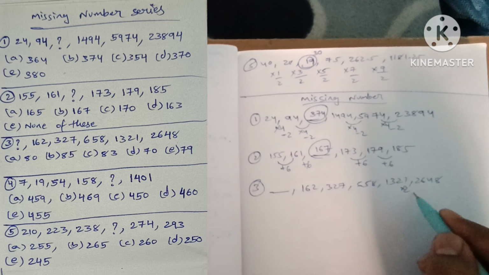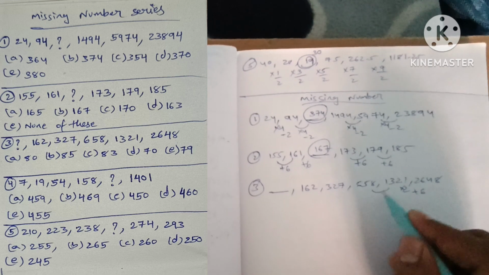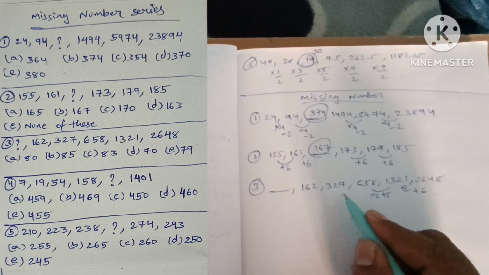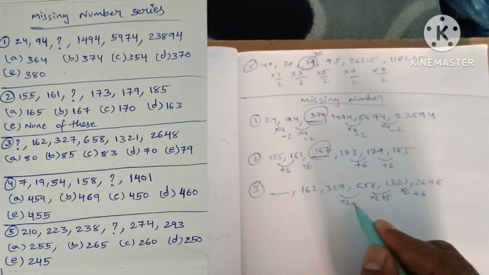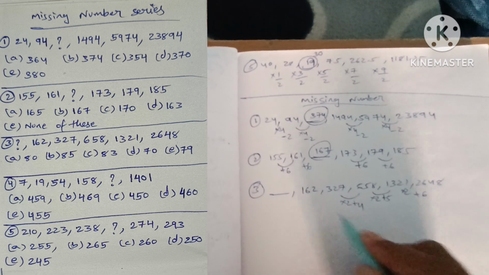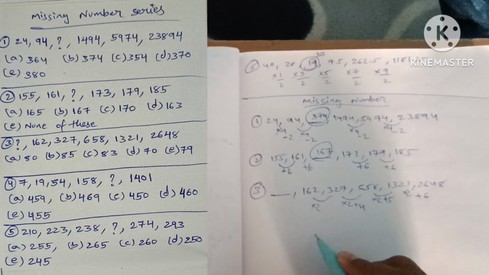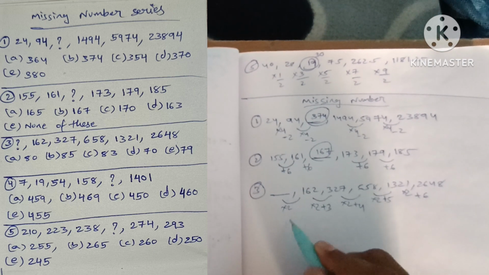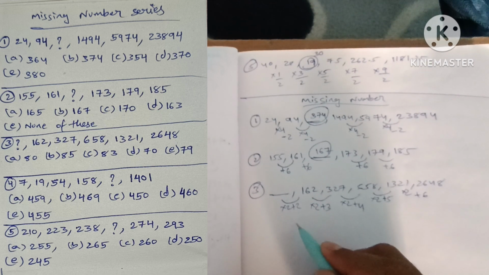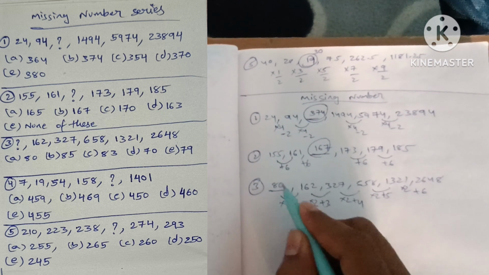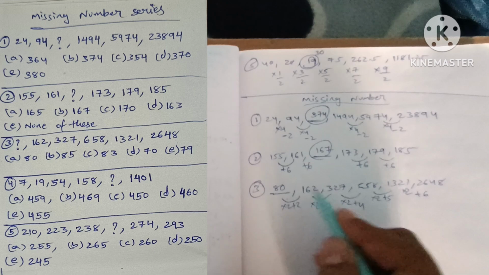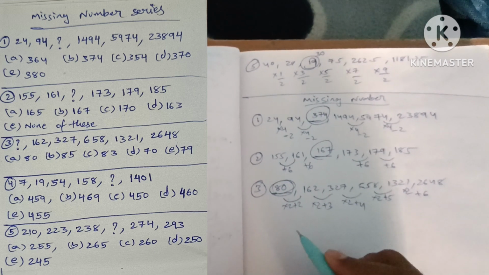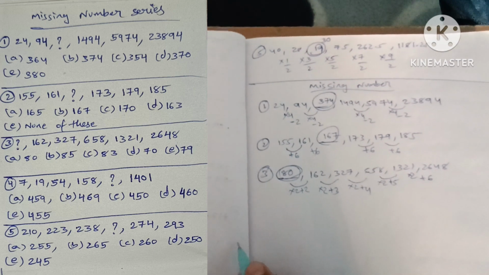Times 2 plus 6, times 2 plus 5, times 2 plus 4, times 2 plus 3. This is times 2 plus 2. So if it is 80, we get 160 plus 2. So our missing number is 80.